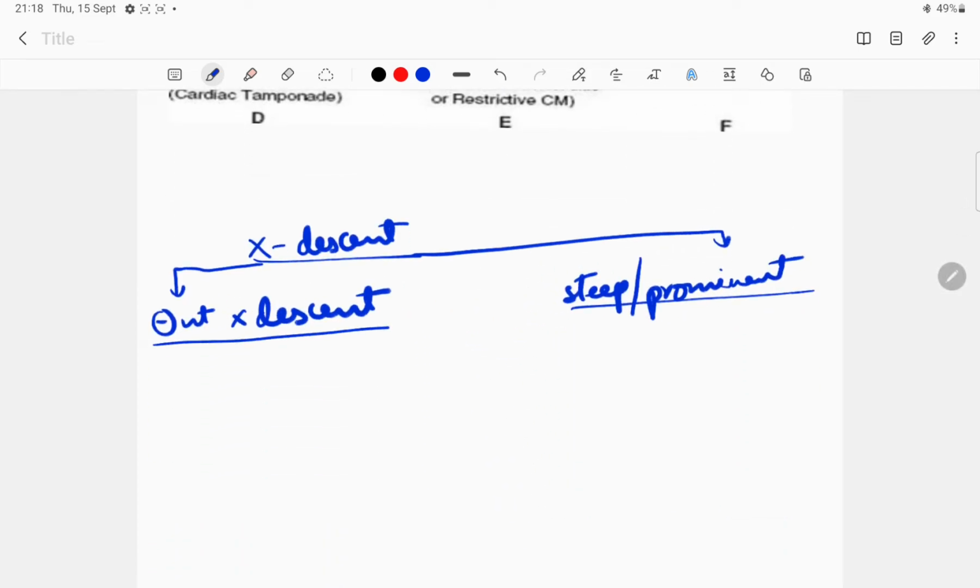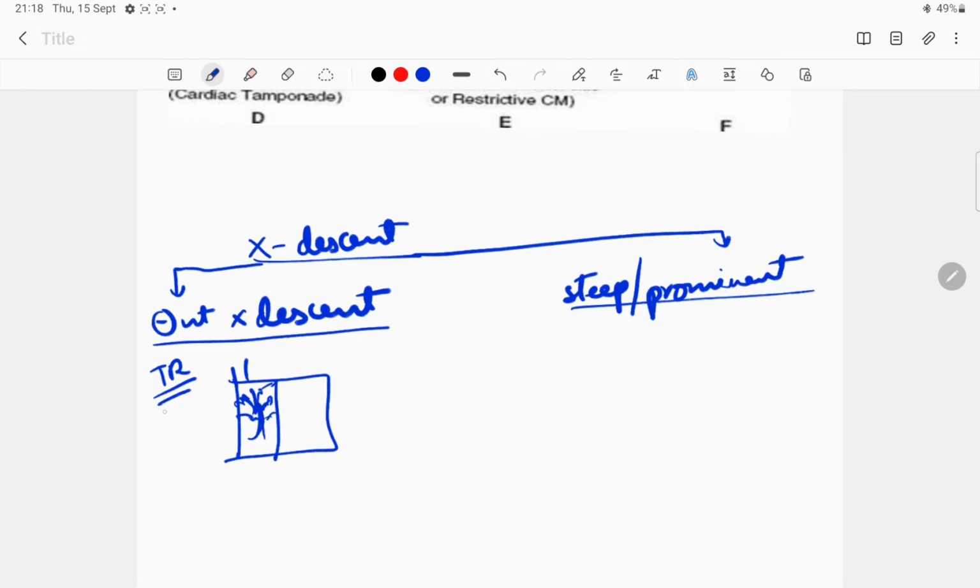So an absent X descent will be seen in the case of tricuspid regurgitation, because we know that in tricuspid regurgitation there will be backflow of the blood. When the ventricles contract, the blood will flow backward because the valve is faulty, and so the atria, which was now relaxing, will have more volume and will not be able to relax, and instead there will be volume overload from the ventricles.